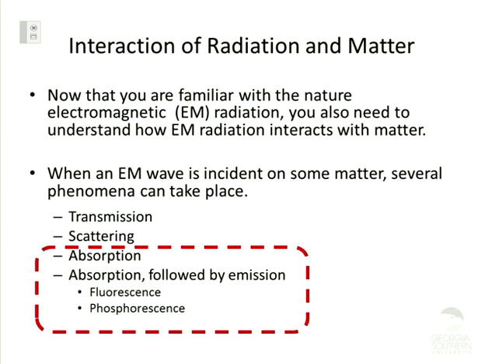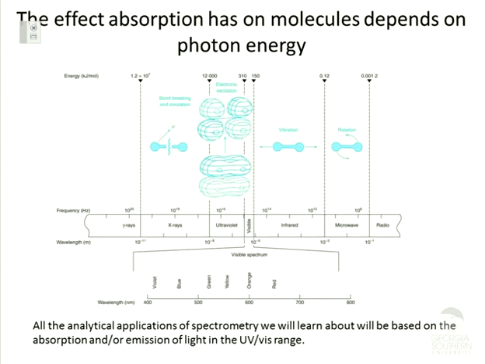But there are a couple of phenomena we're going to talk about that can be seen as subsequent to that. After an atom or molecule absorbs a photon of light, other processes can happen. Specifically, we're going to talk about fluorescence and phosphorescence, two separate things.